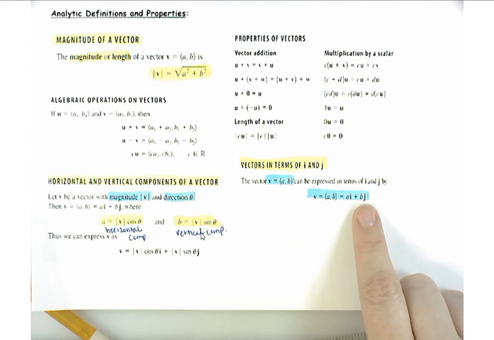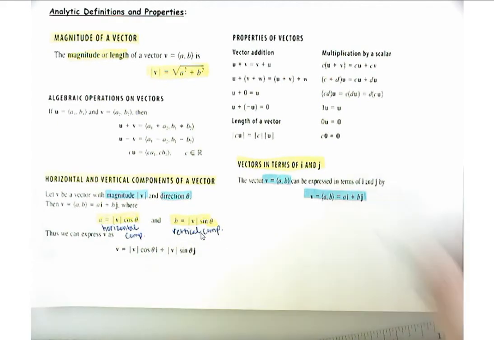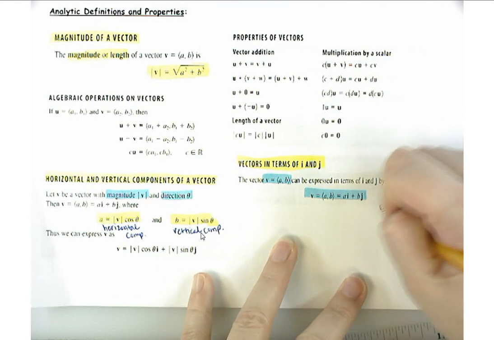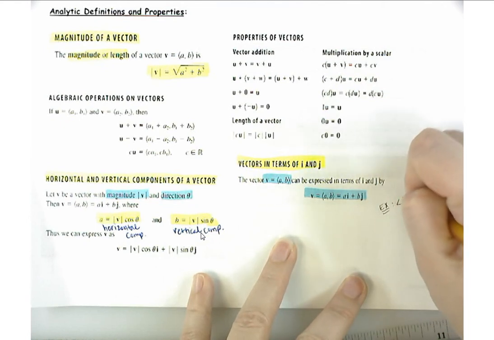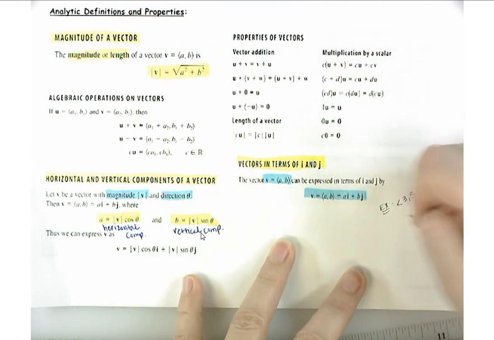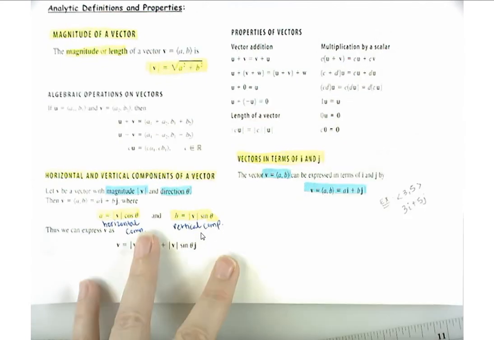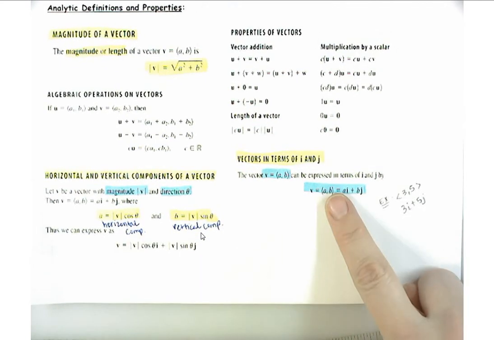I'm just going to show you real quick, if you had something like 3, 5, if you were to write it in terms of i and j, you just write 3i plus 5j. That's all your component form is with i and j.